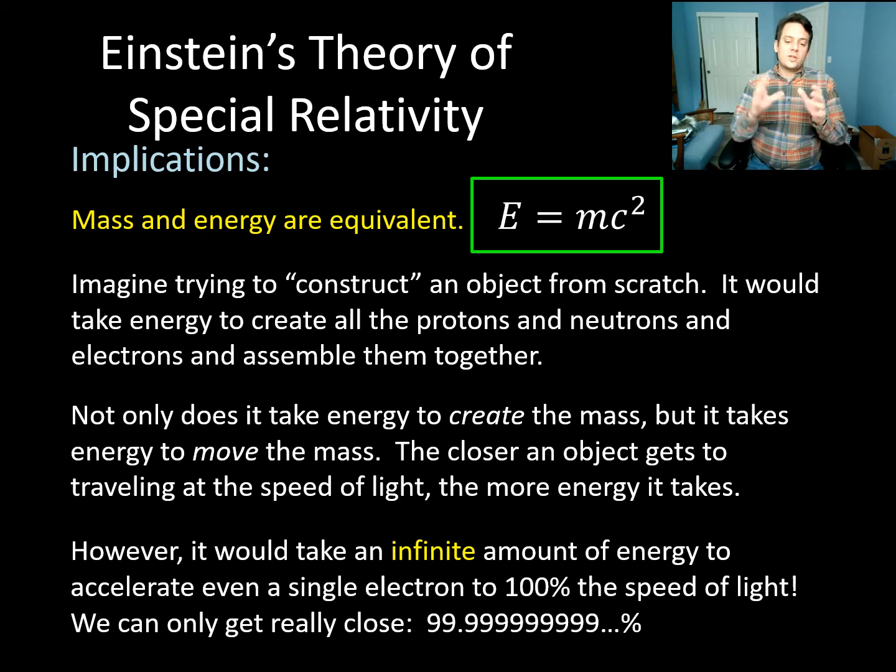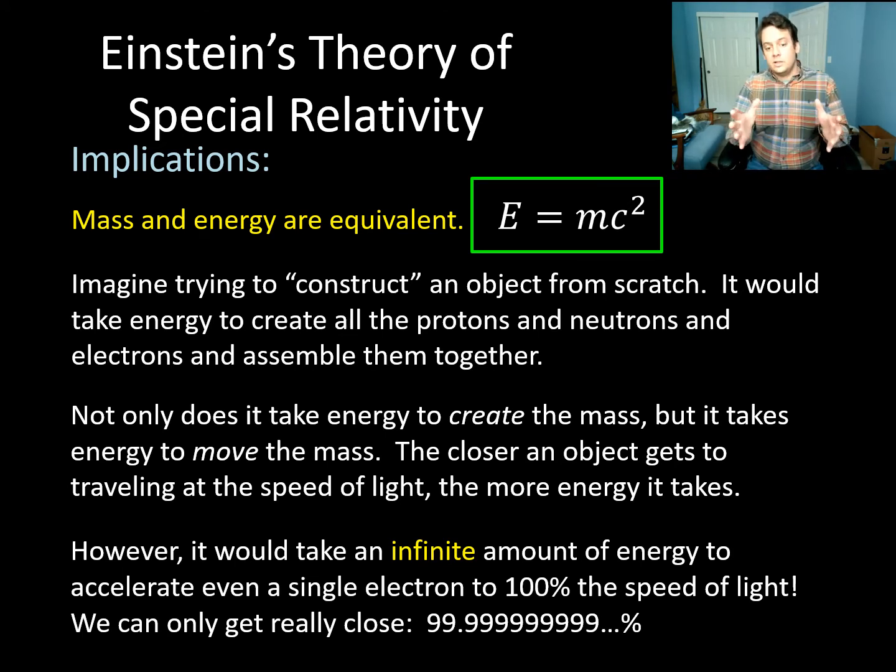And it turns out the closer an object gets to the speed of light, the more additional energy it takes. So in order to take a baseball and throw it, move it from rest to 1 mile an hour, that doesn't take very much energy. To move it at half the speed of light takes a lot more energy. But the closer you get to the speed of light, the more additional energy it takes.